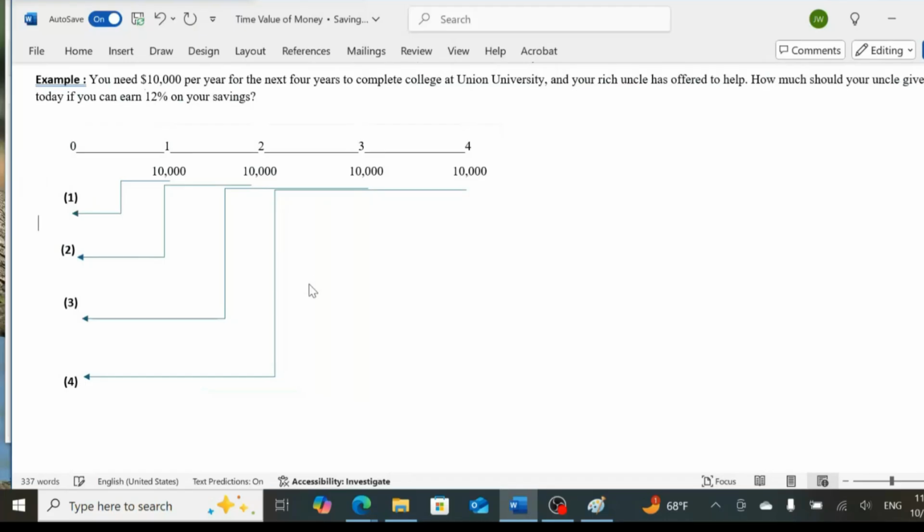So you actually need to find the present value of next year's $10,000, right? So you can use the formula 1 divided by 1.12. Let me do this first one.